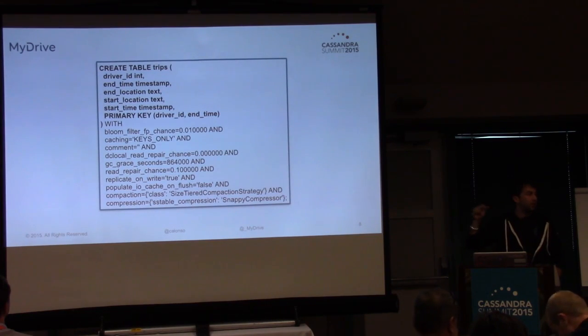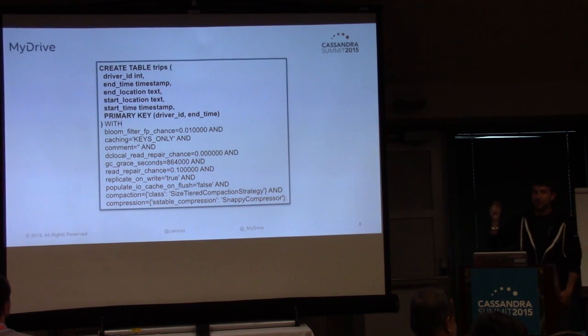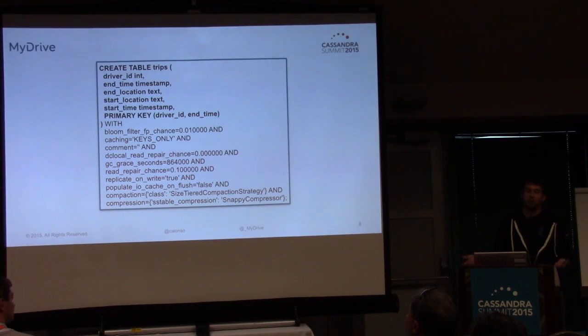This is the column family, the table where we are storing the trips. Again, pretty simple. An integer for the driver ID, a timestamp with the end time of the trip, text with the end location, another text with the start location of the trip, and a timestamp with the start time of the trip. For the recently certified developers, I guess that primary key makes sense, right?